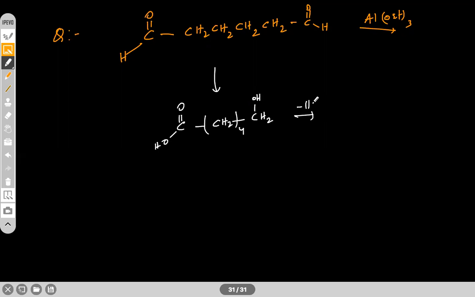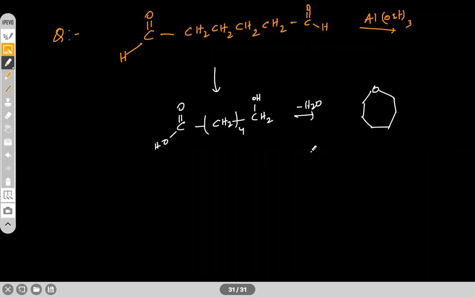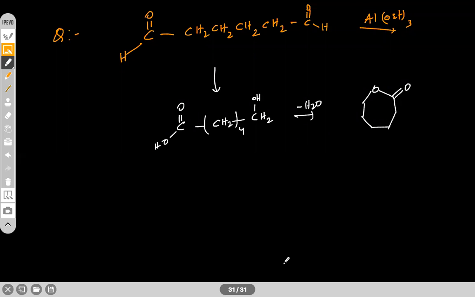When H2O goes out in this intramolecular reaction, we have a 7-membered ring, and C=O present here at the adjacent carbon. Clear?